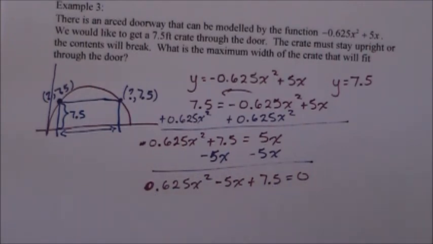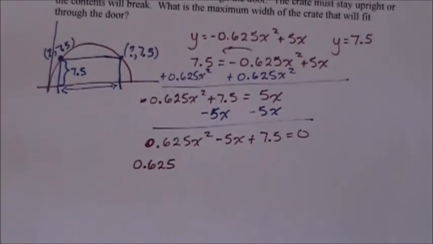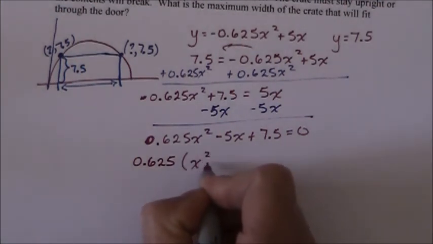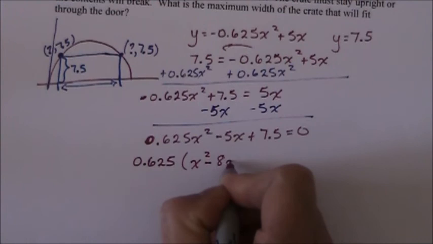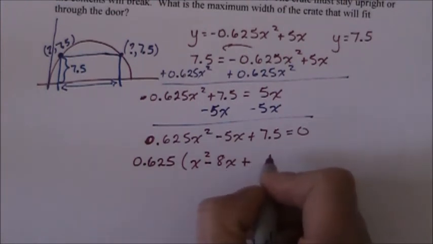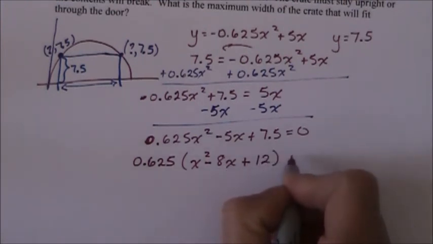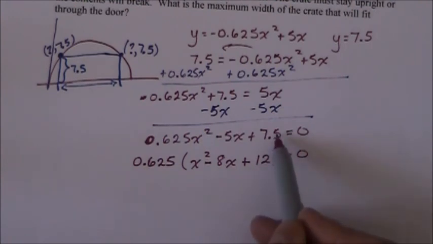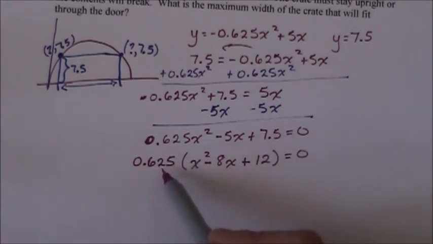Turns out if you divide, you will get a whole number, so we can take out a common factor of 0.625, and when we do that, we're left with x squared minus 8x plus 12 in our brackets equaling 0. Recall, to get this I did 5 divided by 0.625, and for 12 I did 7.5 divided by 0.625.